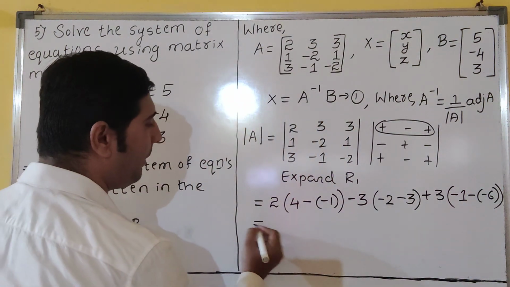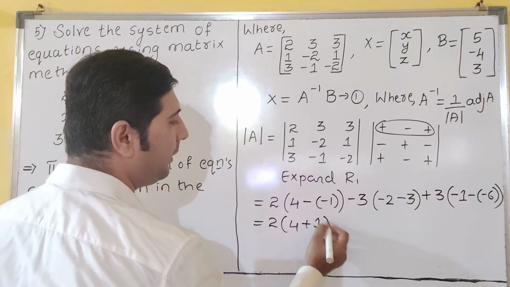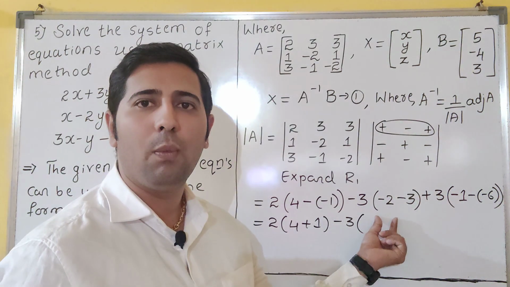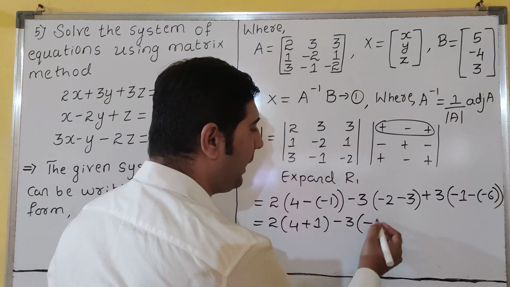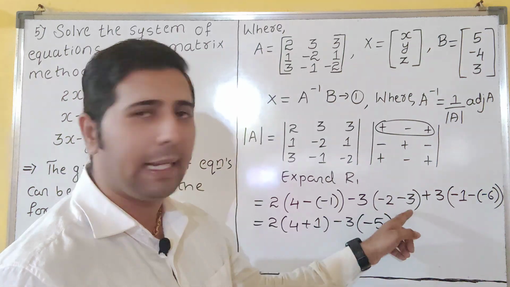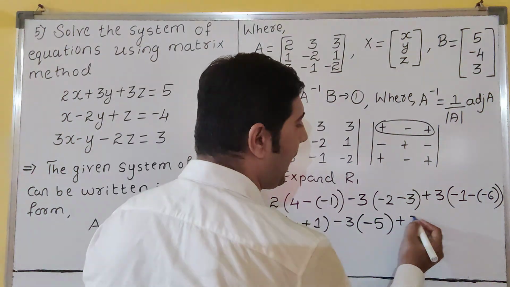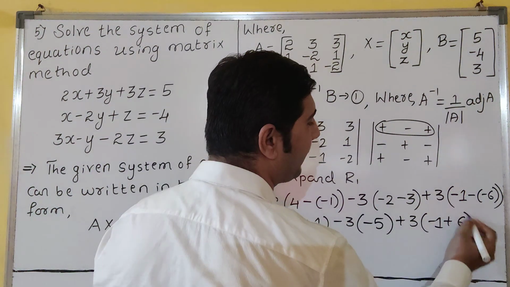Clear? So now how much will you get? Minus into minus, plus 1. And minus 3 I will write as it is. Minus 2, minus 3, if you add them, you will get minus 5. Don't write plus 5. We are adding them, not multiplying. Got it? So plus 3 as it is, I will write minus 1. Minus into minus, plus 6 you will get.